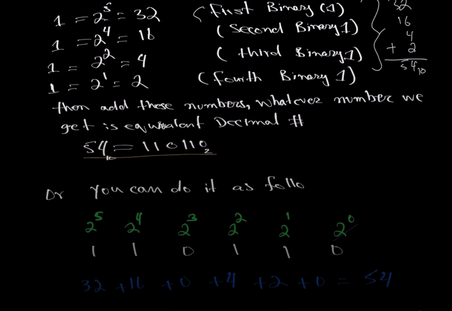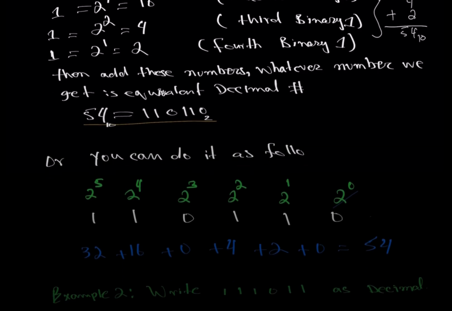Or you can do it as follows. So 54 base 10. Write it down like that: 110110. Every number that represents a placing value where you have 1, add that number. 2 to the 5 is 32, so 32.